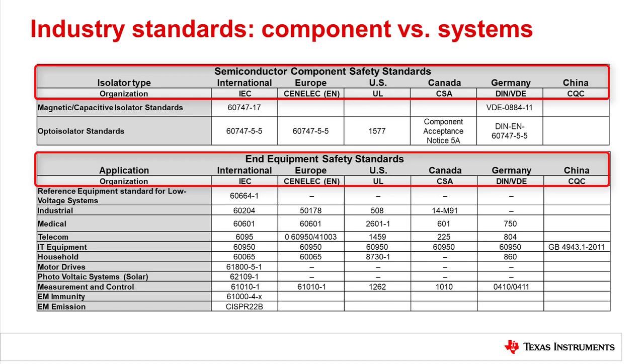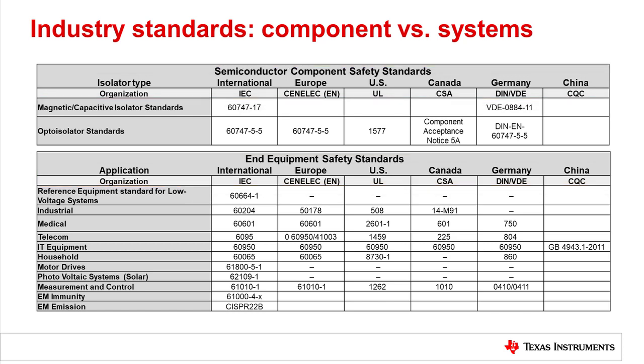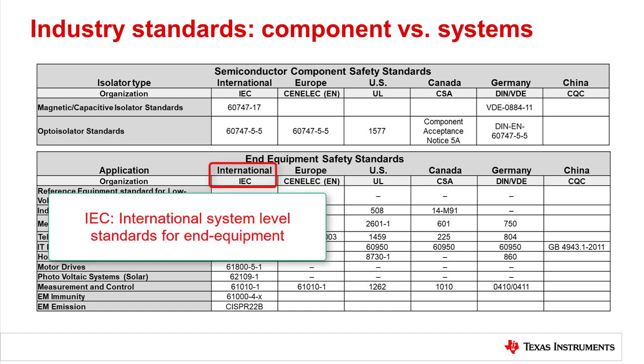There are several organizations who define national and international safety standards for both isolation in equipment and components. The IEC publishes international standards and works with multiple organizations to prepare worldwide industry standards for electrical and electronics equipment. Often, region-specific standards will be adopted by the IEC for worldwide use.